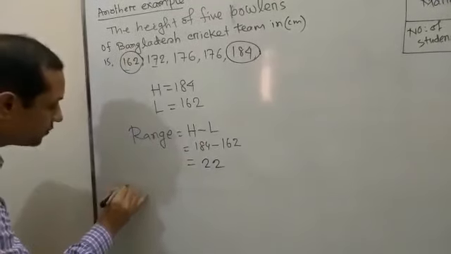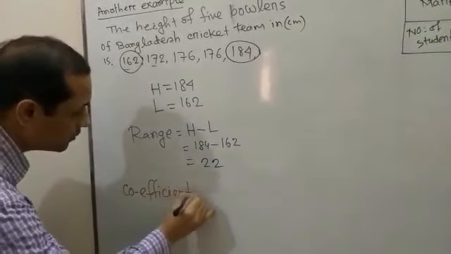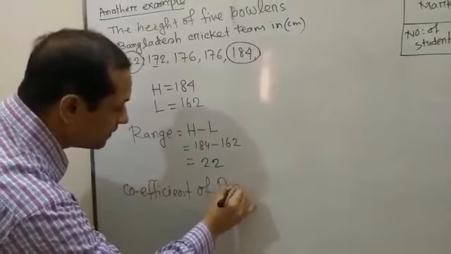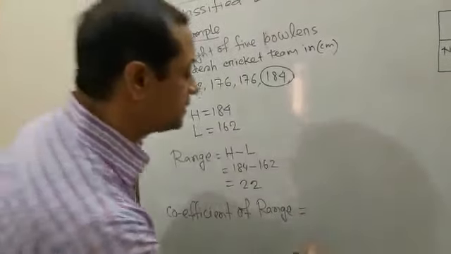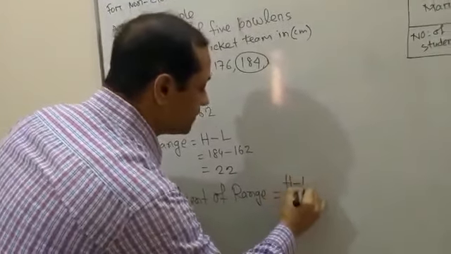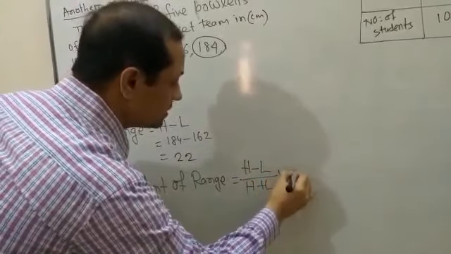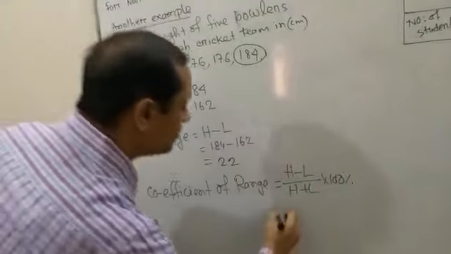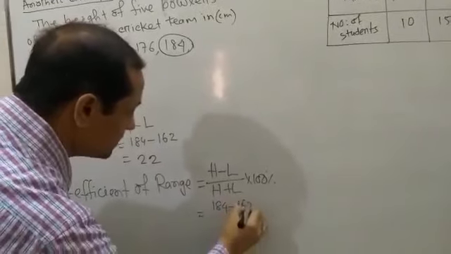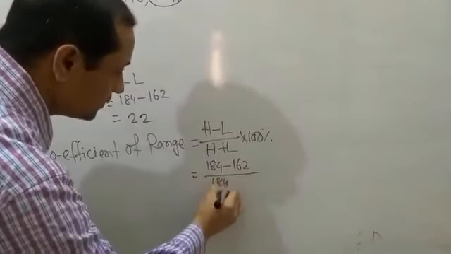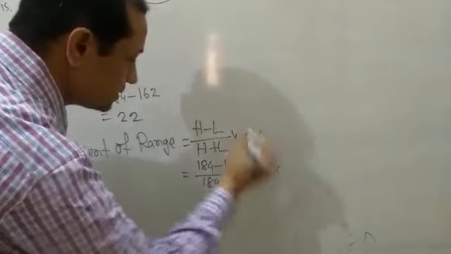Now find the coefficient of range. We know that coefficient of range equals H minus L by H plus L into 100%. Now putting the value of H as 184 minus 162 by 184 plus 162 into 100%.